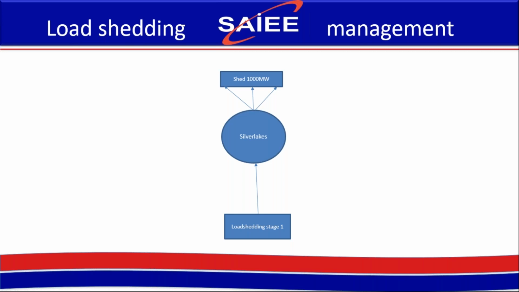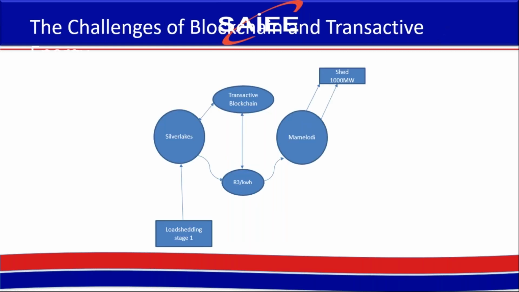In that case, you're not going to be in a situation where robots are not working because we shed the substation. Because this system will also remove this issue of Eskom shedding you from the substation.